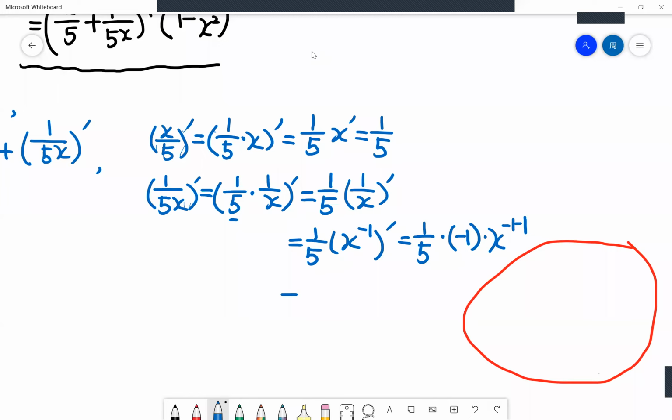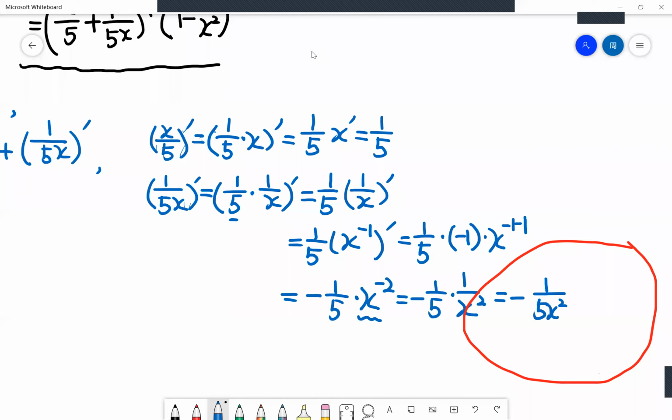So that equals minus 1 by 5 times x power minus 2. And x power minus 2 can be written as 1 by x squared, right? So that can be written as minus 1 by 5 x squared.